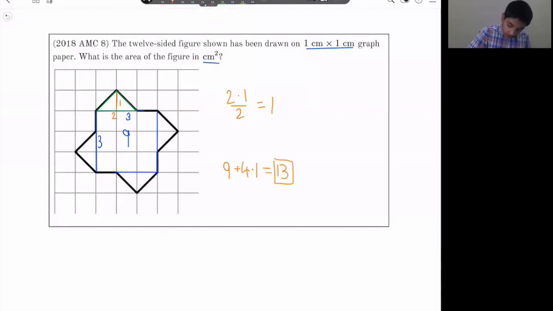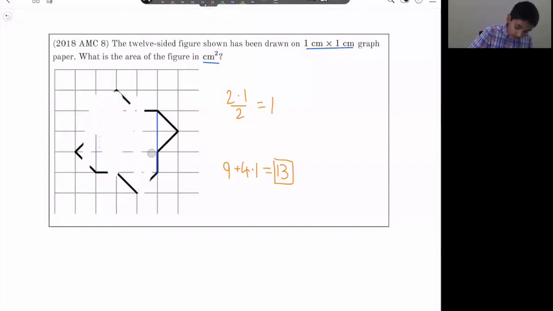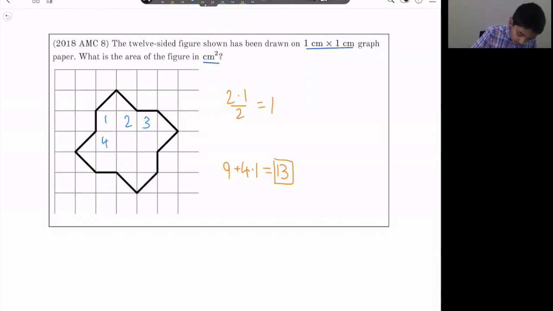Or another way you could have done this without even using the formulas is you might notice we can just count the squares essentially. We could just say this 1, 2, 3, 4, 5, 6, 7, 8, 9. And then these 2 halves put together to form a whole. So this is 10, and then 11, 12, 13. So that's another way to solve this problem, and you get the same answer.